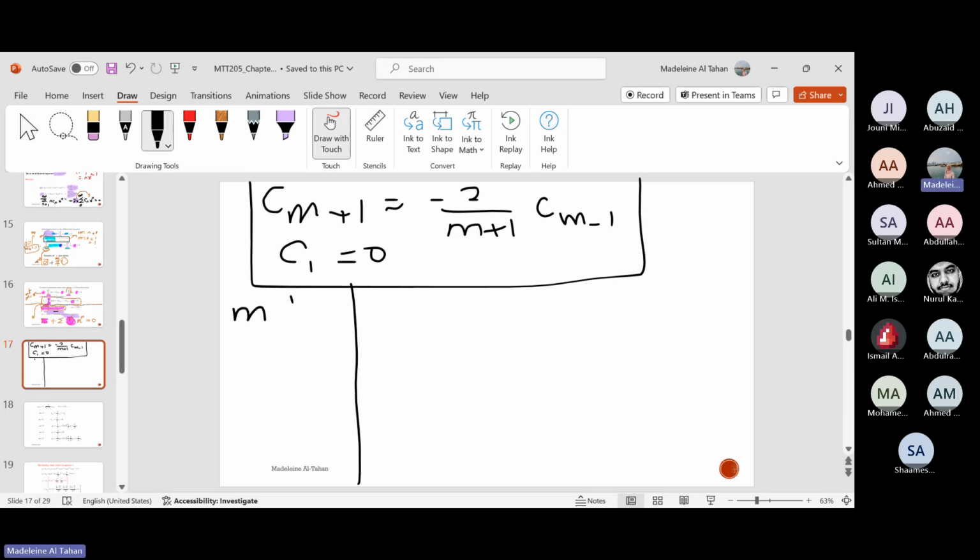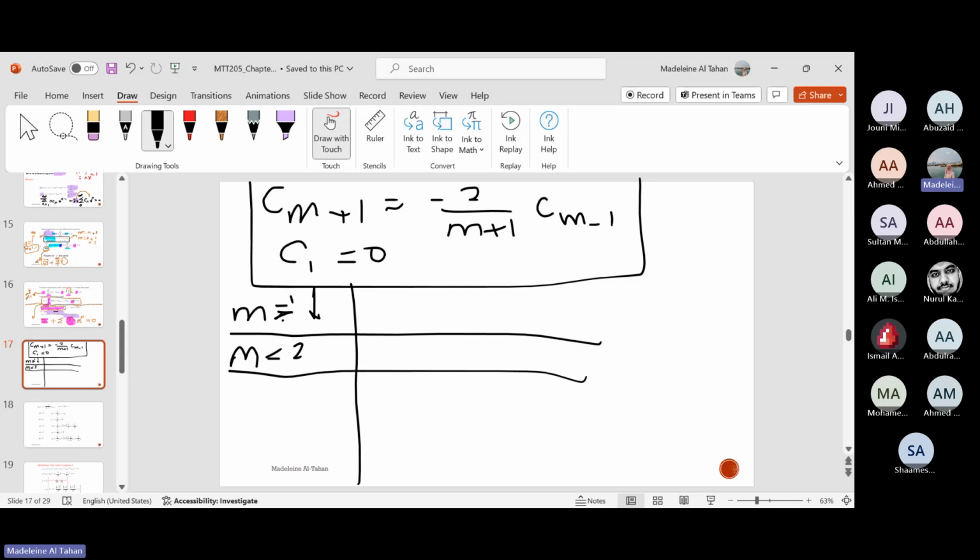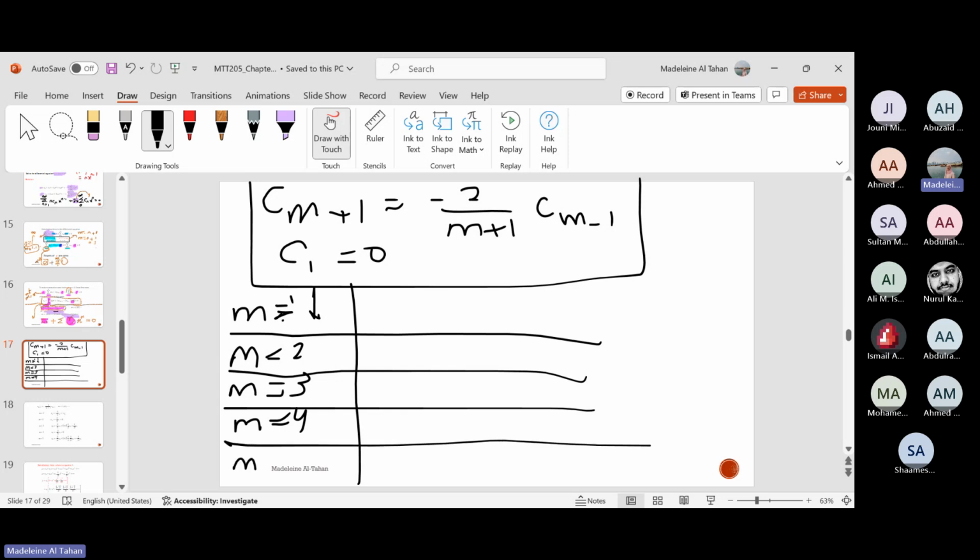Can I take m equals 0? Suppose that you take m equals 0, you will get c minus 1. We do not have c minus 1. So we'll start with m equal 1, m equal 2, m equal 3, m equal 4, and m equal 5.